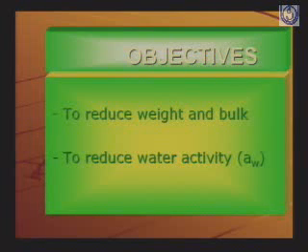But by drying, you can reduce the product to 1/6 to 1/9 of its size. So the product takes 1/6 to 1/9 less space compared to the fresh one. If you reduce the quantity, bulk or weight, it will also reduce the cost of transportation, packaging and storage space. So this is one of the objectives of drying or dehydration.